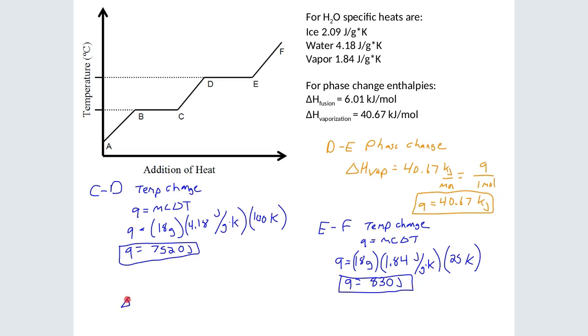To do the total enthalpy, H total, we're going to take all the values so far, and let's just do kilojoules.